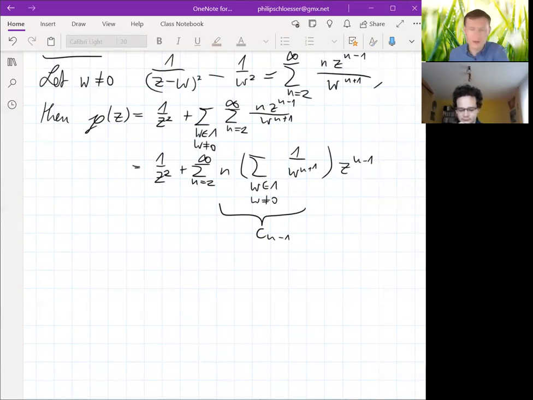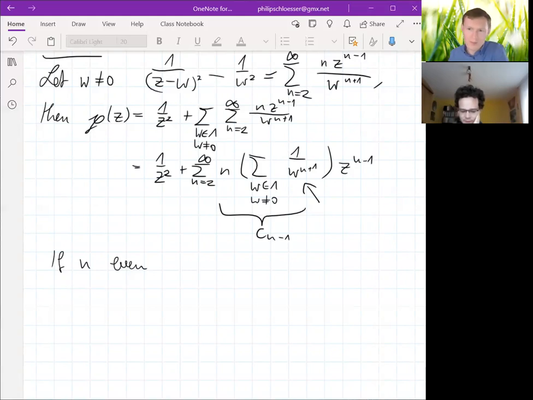And now we can notice a few things. Firstly, if n is even, then we have a sum over terms that are odd in omega, or in W. But since the lattice Lambda includes for every value also minus that value, we have a sum over a symmetric set of an odd function.